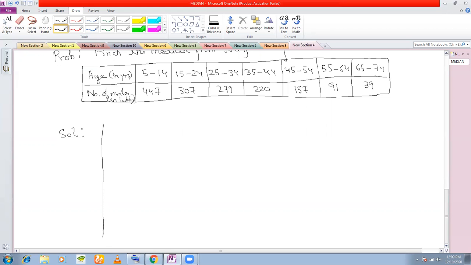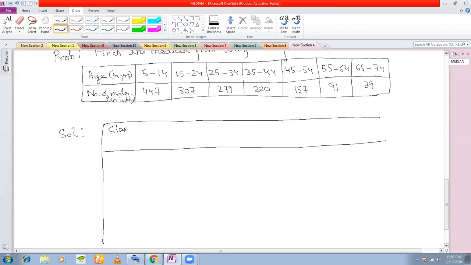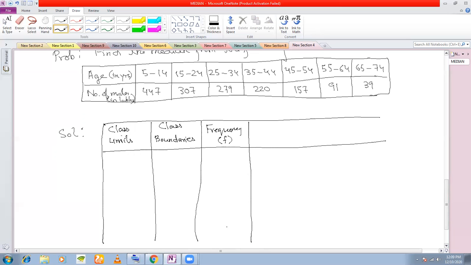So you will make a separate column for class limits and a separate column for class boundaries, and then you have frequency F, and finally your column for cumulative frequency, CF.